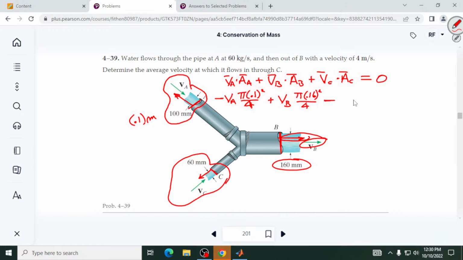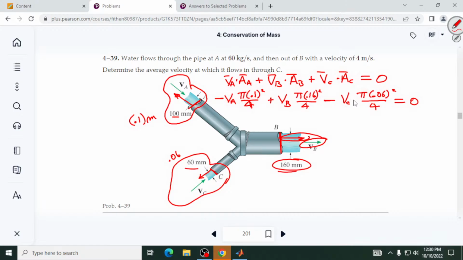Minus VC, whatever the velocity of C is, pi, okay, this should be 0.06 squared over 4 equals 0. You guys make sure I got that. Got my 100, got my 160, and I got my 60.